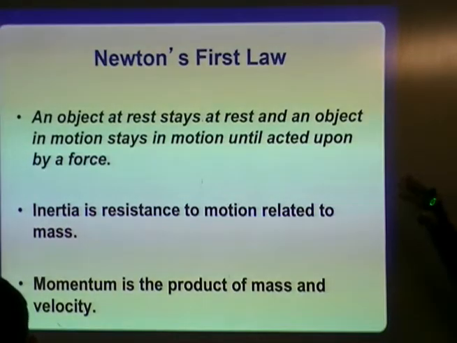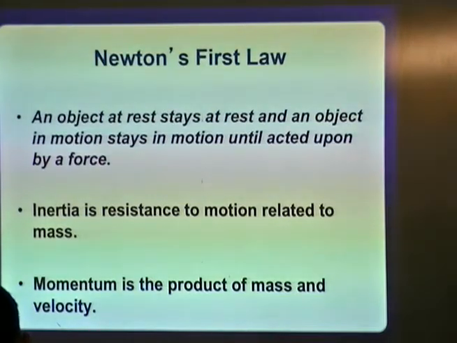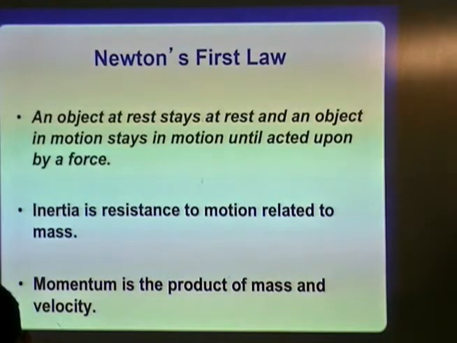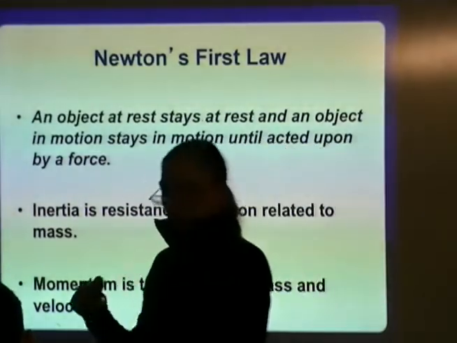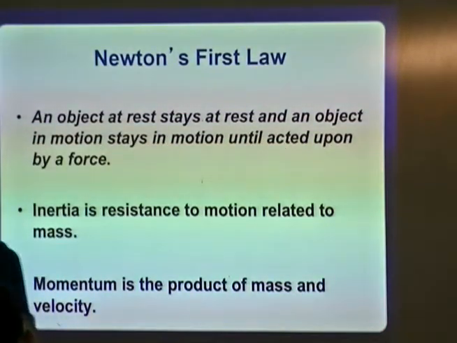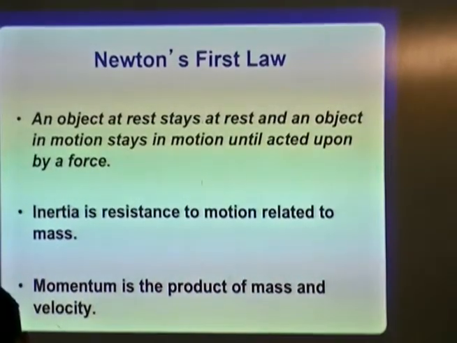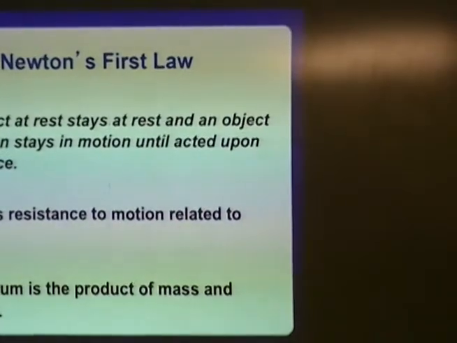And if it's in motion and I want to change its direction or I want to stop it, I have to apply a force. So once it's in the air, the flight path is fixed unless we apply another force to it. If it's moving and I want to stop it, there has to be a force applied to stop it. What happens if I throw a ball up in space?